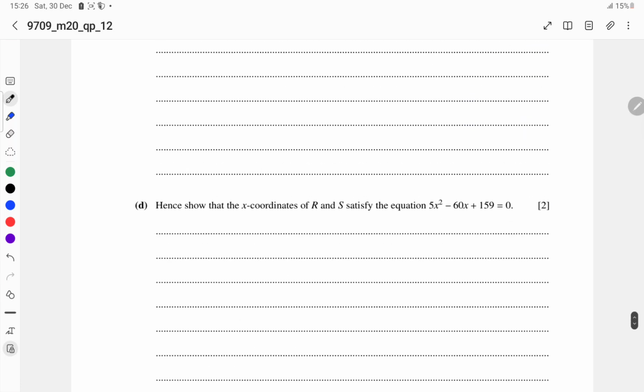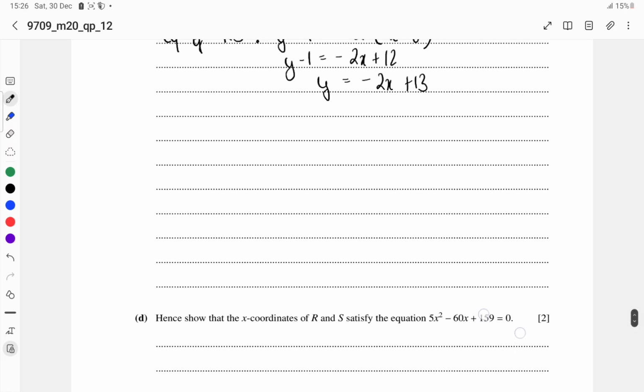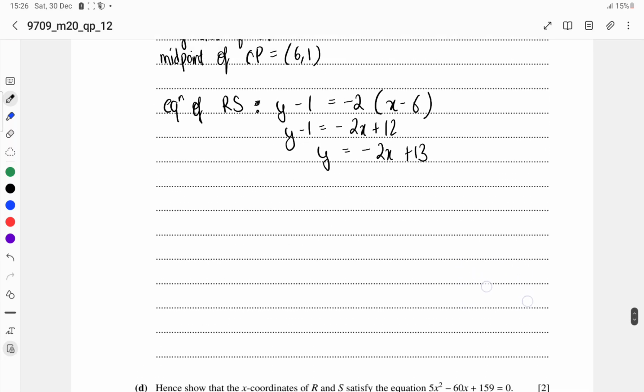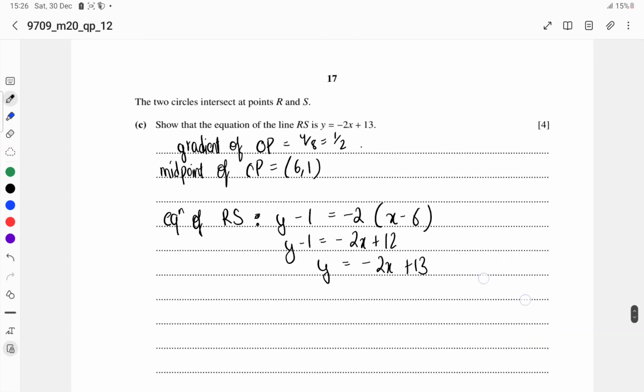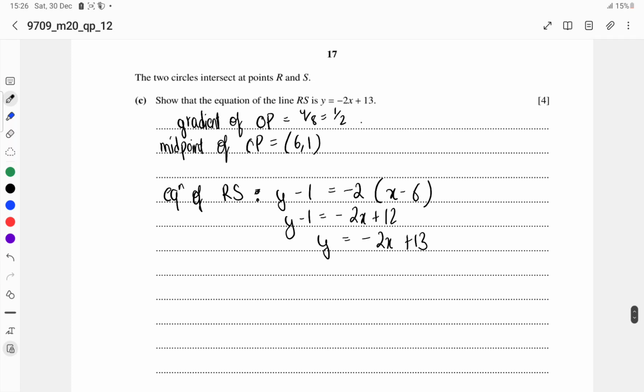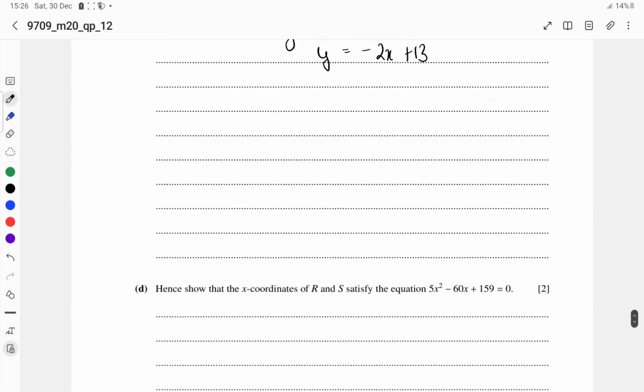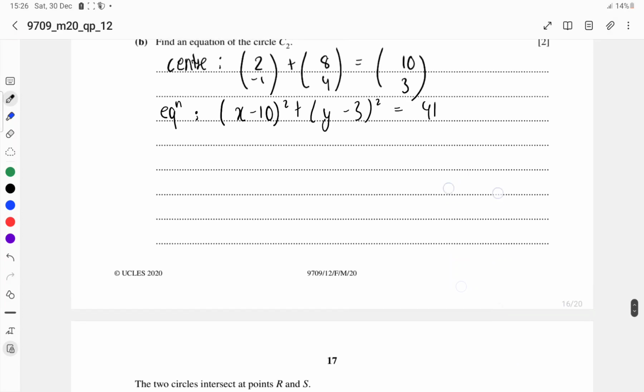And now we need to show that the x coordinates of R and S satisfy the equation. Okay, fine. So the x coordinates of R and S are given by the circle.